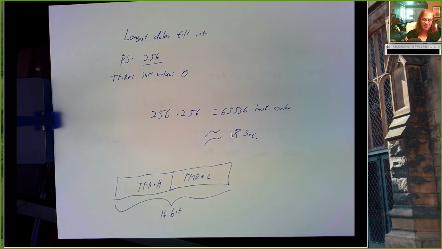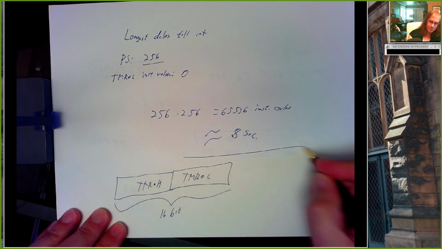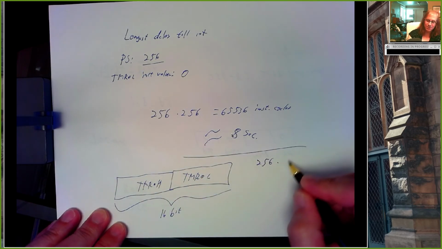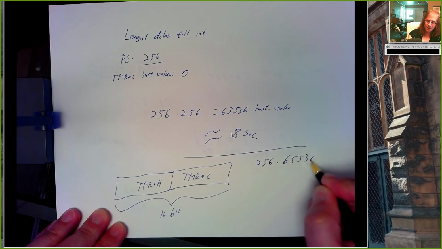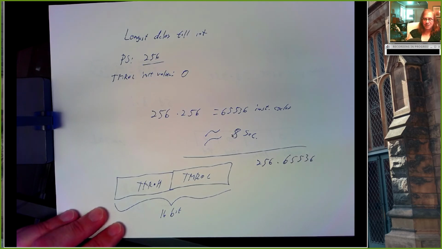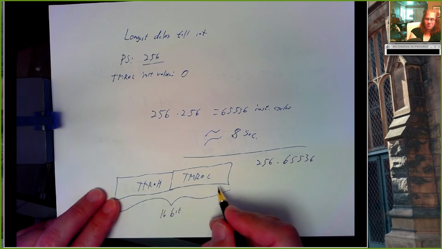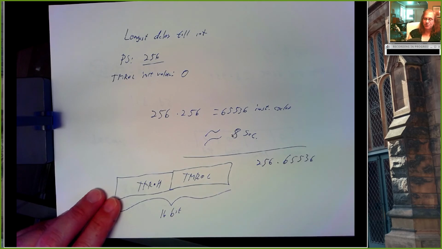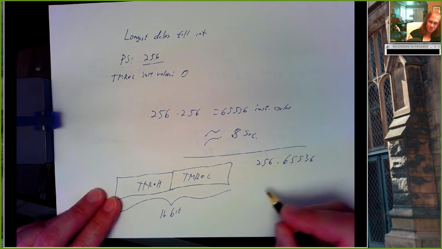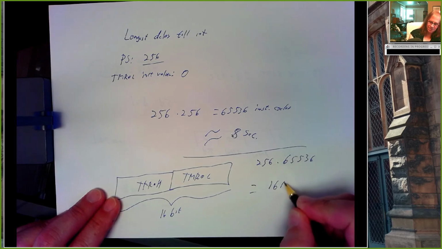So now we can have a 256 prescaler times 65,536, which is the value this has to count up to overflow. Which will be, I think, 16 meg.